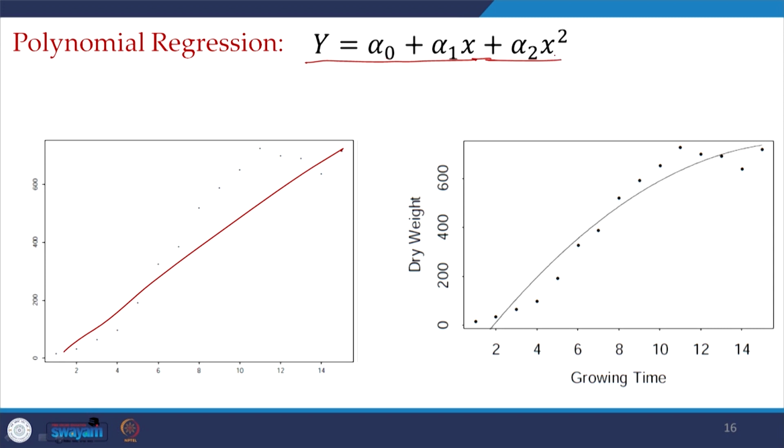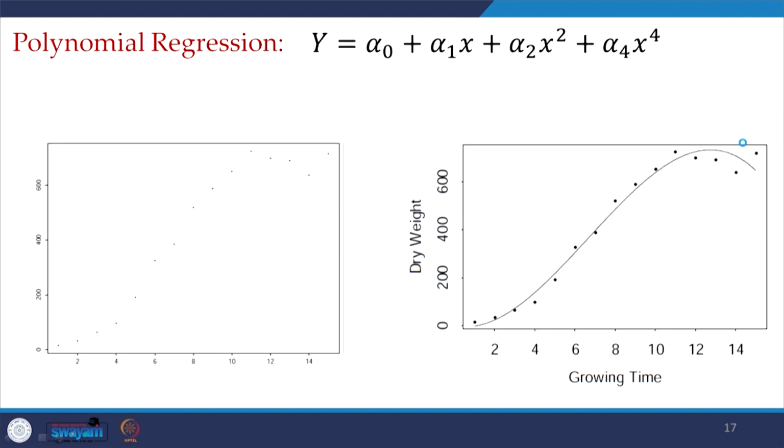The mathematical process will remain the same. I will be having now a coefficient matrix with 1, x, x square, and here I will be having alpha 0, alpha 1, alpha 2, and then here again y 1, y 2, y n.